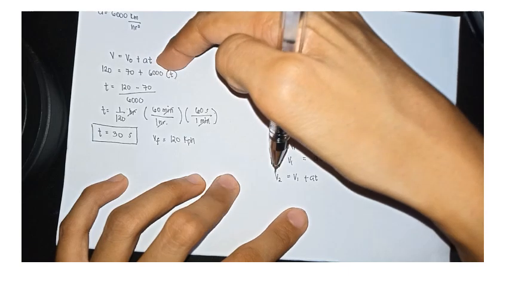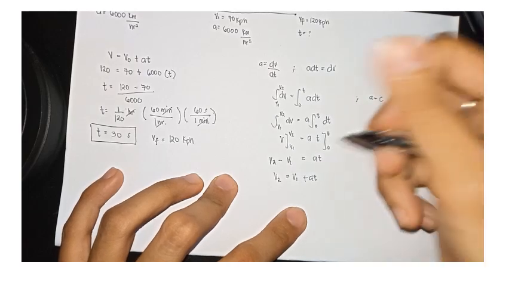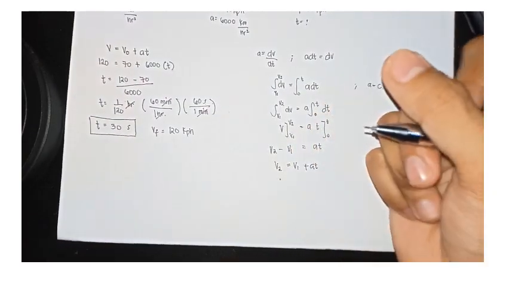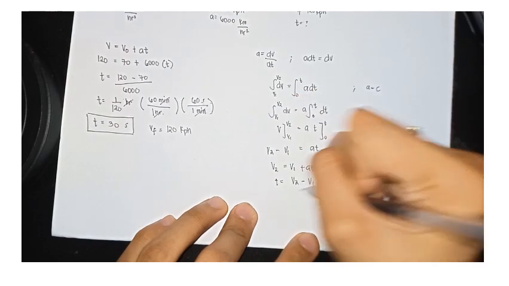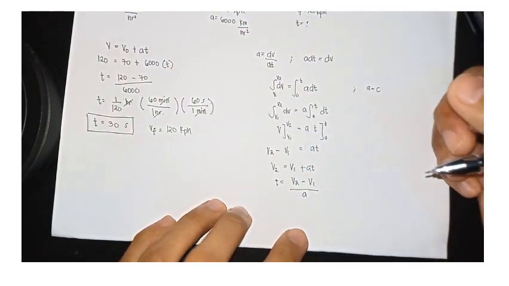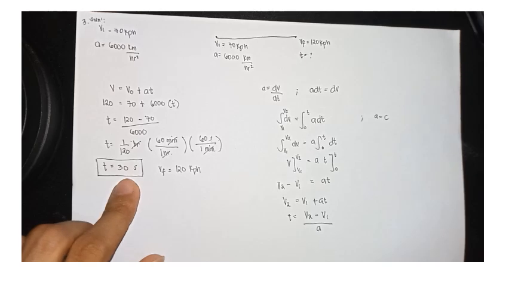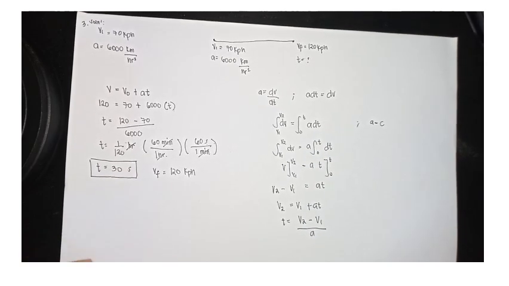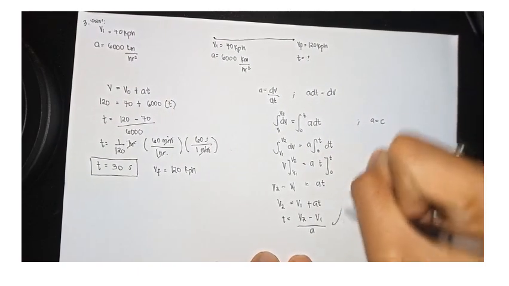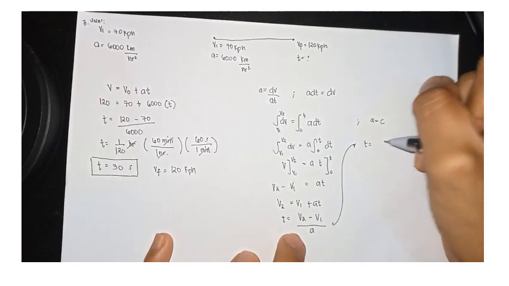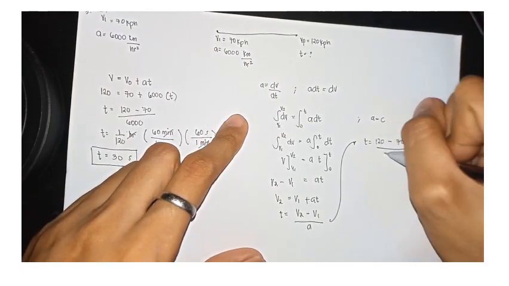If you can't remember the formula, we can use this process to find the time, and it gives t equals v2, or final velocity 120, minus initial velocity 70, over acceleration 6,000.